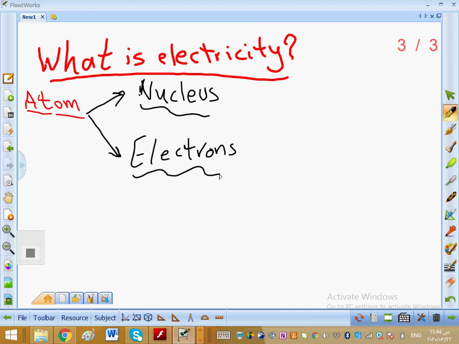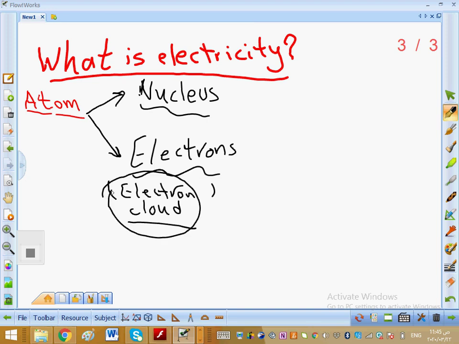So we said the atom is the building block of all matter, then it includes the nucleus and electrons move around it. Electrons move around the nucleus in an area we call the electron cloud. An electron cloud is an area around the nucleus. The probability of finding electrons in this area is high.